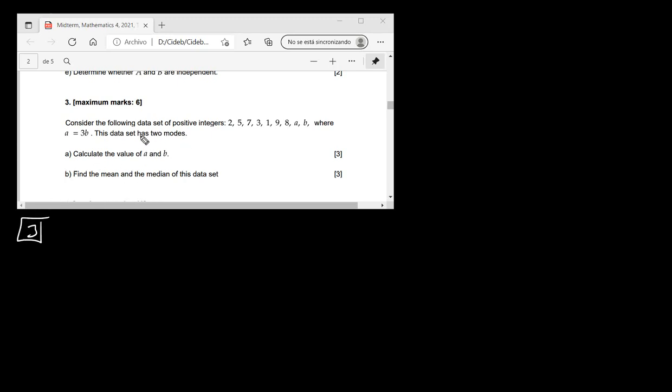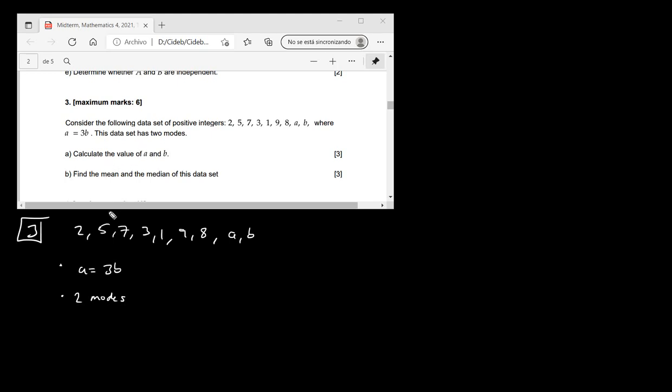So number 3, consider the following data set of positive integers. They are positive integers, all of them. Let me write down 2, 5, 7, 3, 1, 9, 8, A and B, where we know that A equals 3B, and I tell you that this data set has two modes.